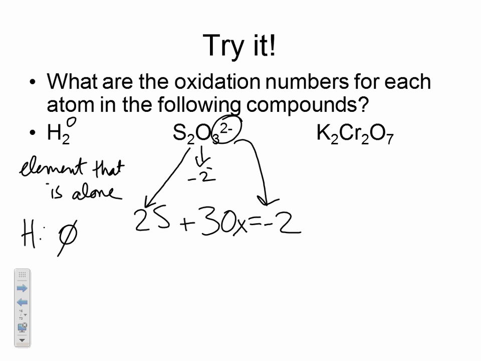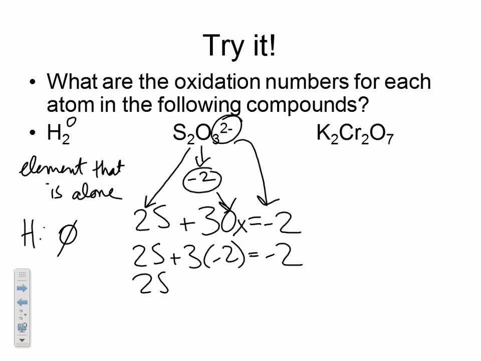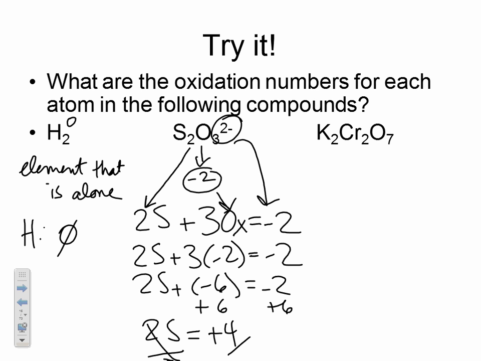And I know that oxygen is -2, so I can plug that in there and then simply solve. So 2 sulfurs plus 3 times -2 for each oxygen is equal to -2. The rest is just solving. Add 6 to both sides. I have that 2 sulfurs is going to equal +4, but that's 2 sulfurs, and I want each sulfur individually, so I have to divide by 2.